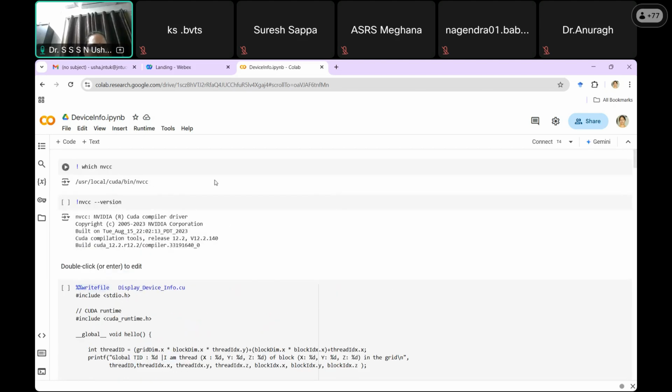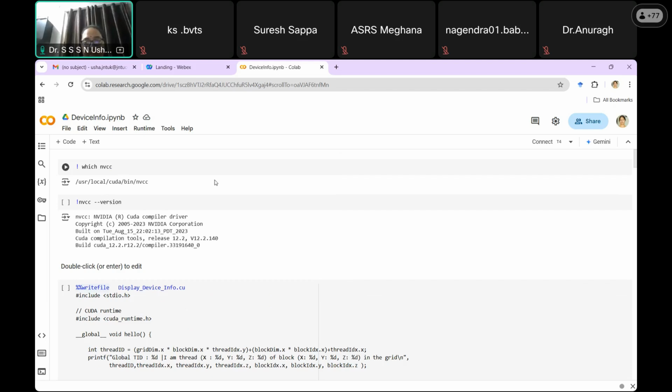Okay, everything is fine. You already have certain programs, that may be display device information or vector addition. I told you, right? This GPU is majorly used to perform vector operations. So whatever the file may be, first you need to check the version, write the file, compile the file and run the file.